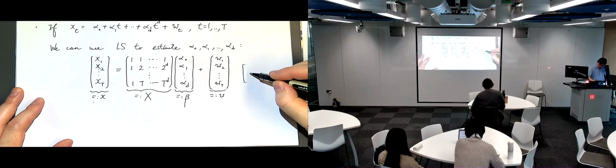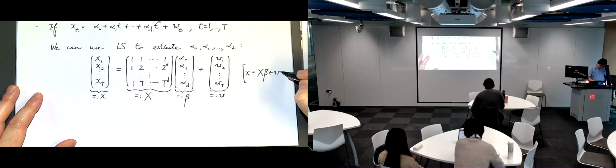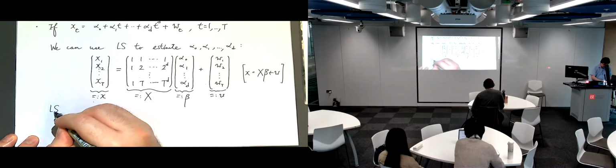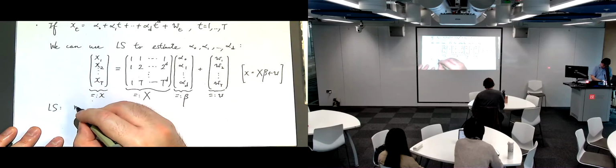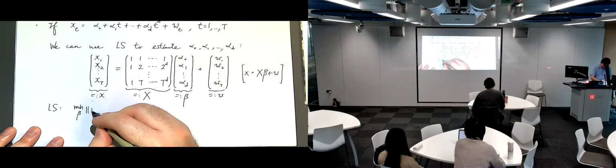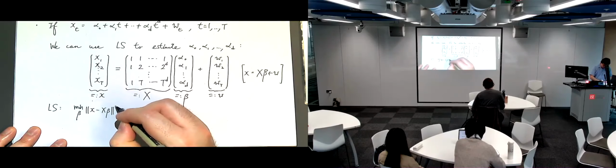So the whole system becomes x equals big X times beta plus the noise vector w. If you use least square estimation, you should know the answer: minimize the norm of x minus X beta, squared.